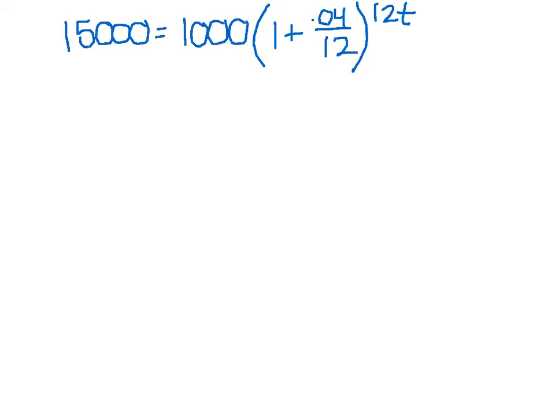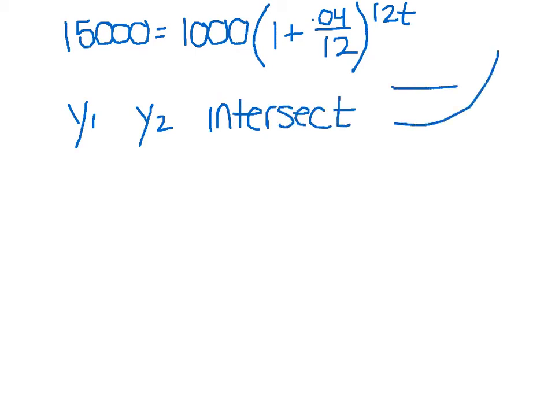And we needed to solve for t, so we put this entire function into y1, and we put this entire function into y2. And then we found the intersection of some graph that looked like this and a horizontal line, and the x value was t. Well, the reason why we used our calculator is because we didn't know how to do it.